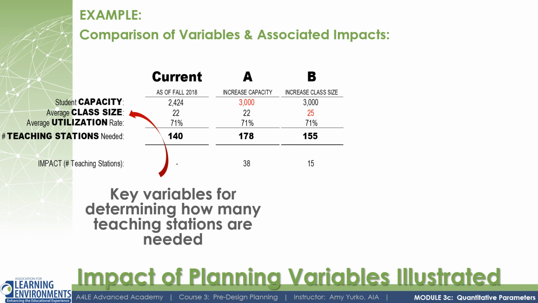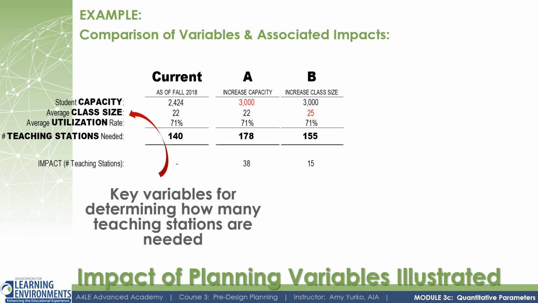So keeping that 3,000 student capacity toggle, their rule of 3,000, we thought, let's try increasing the class size. If we just increase the average class size to 25 and keep everything else the same, then we only need an additional 15 teaching stations.